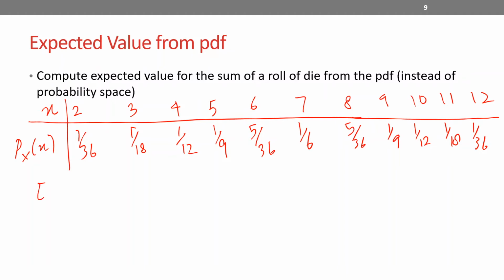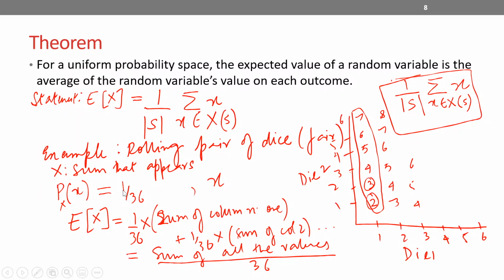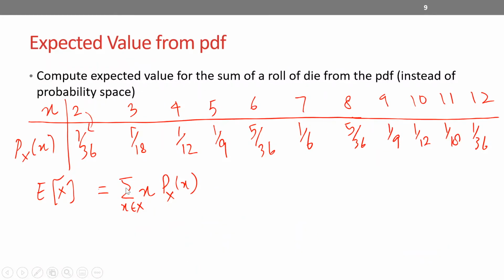Now the expected value for this random variable X, the sum that shows up, is by definition the sum of x times p_X of x, which is what we defined initially. So all I have to do is multiply each of these x's by their probability value.